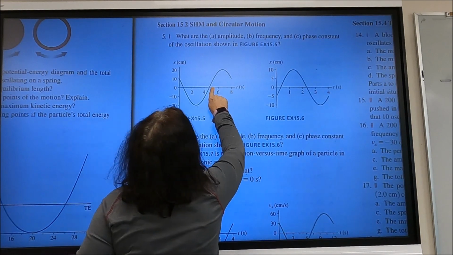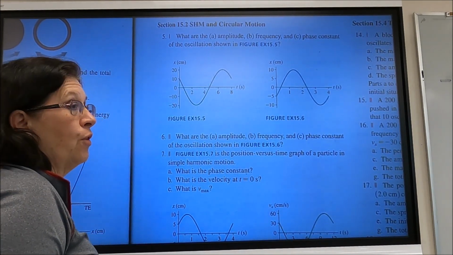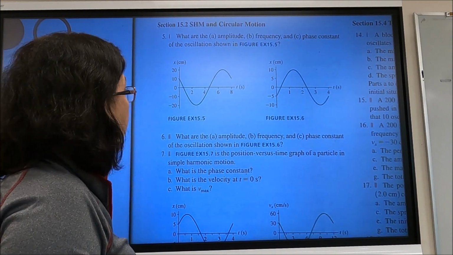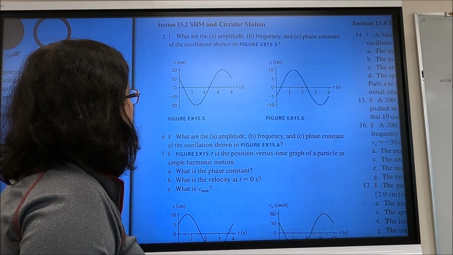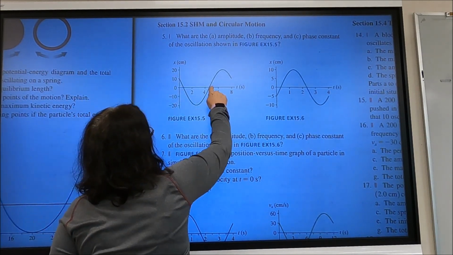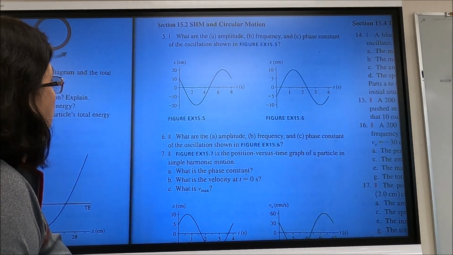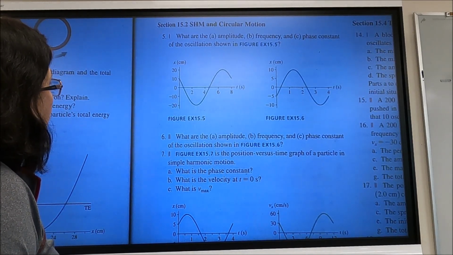So I would say that the period here is 5, so the frequency is going to be 1/5. Because the period is to the point where the pattern repeats, and the pattern starts to repeat there at 5. So we've got a repeat of 5.